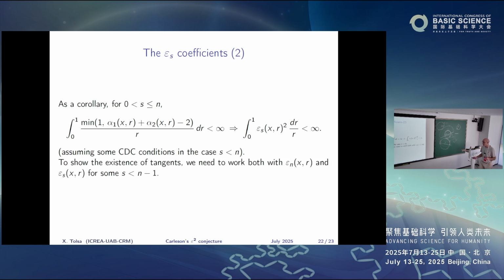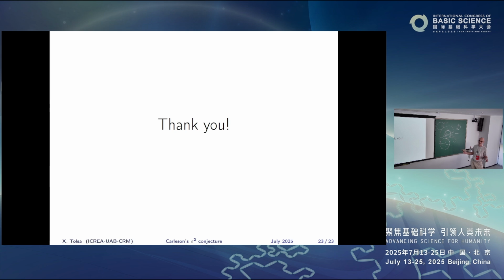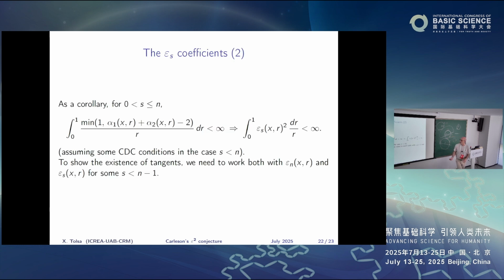But moreover, the existence of tangents requires working with the coefficients with lower dimension; one can recover the result about existence of tangents. So here I'm going very fast, just saying that using the full collection of coefficients, we get the existence of tangents. So that's all. Thank you.